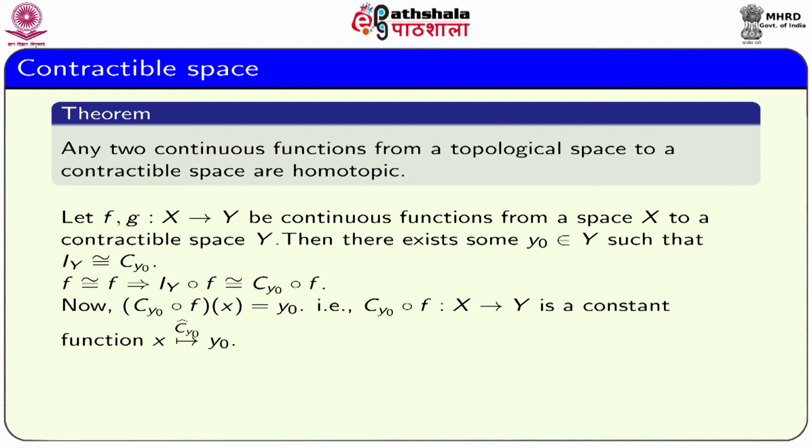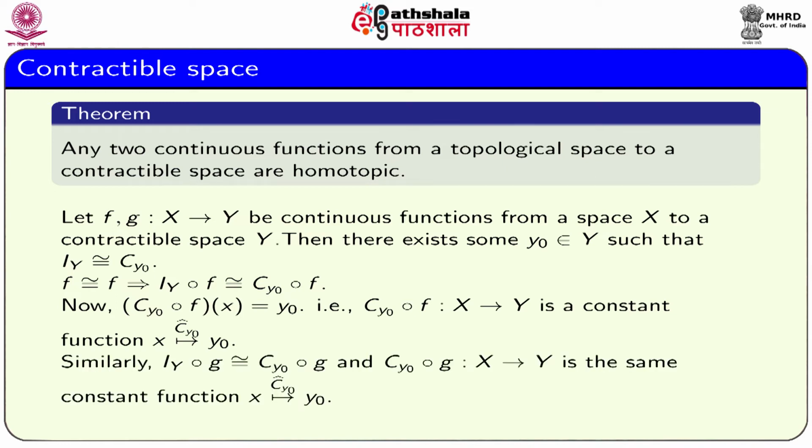Now if we look at the function cy0 composed f, then we see that it is actually the constant function which maps every point of X to y0. Let us denote that constant function by cy0 cap. Similarly, doing the same thing with the given function g, we get that identity composed g is homotopic to cy0 composed g, and this is once again the same function cy0 cap.